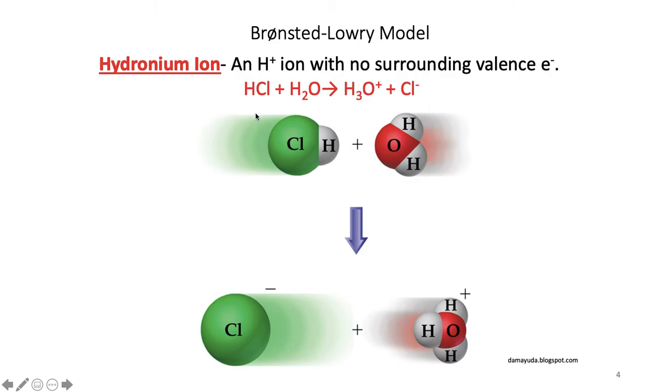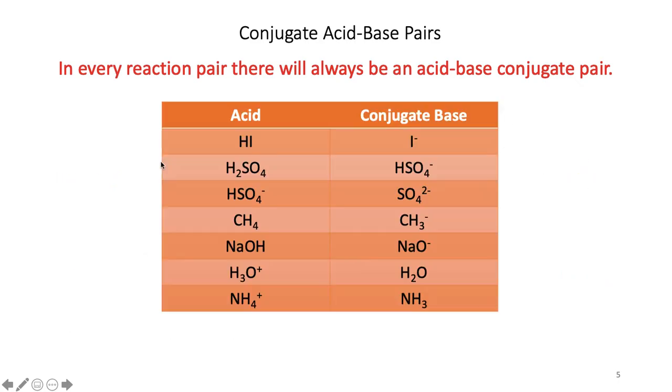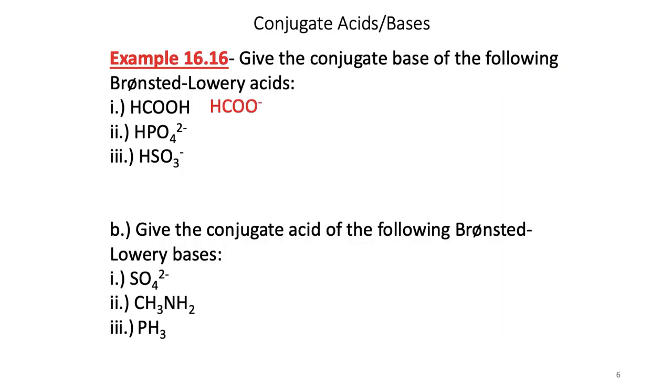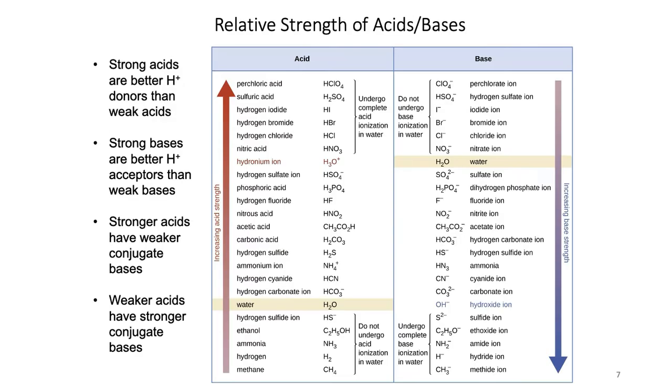The same idea applies with a strong acid or strong base. If you have a strong base, you will have pretty much product in solution. If you have a weak base, you will have pretty much reactant in solution and not the product. That's because they don't ionize very well. So strong bases are better at accepting H plus ions than weak bases.